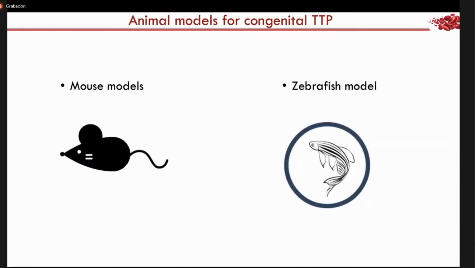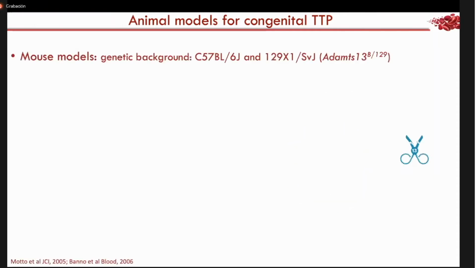So there are two models: a mouse model that was developed in 2005 by the group of Dave Ginsburg in the USA, and the zebrafish model that was developed in 2020 by the group of Long Zheng, also in the USA. I want to give you some history on the mouse models for TTP because there were some interesting findings.